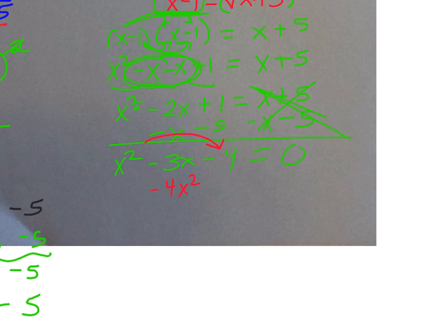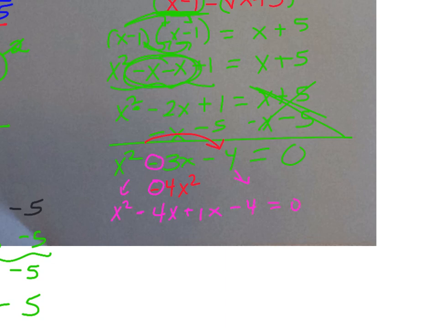That would be 4 and 1, so 4x and 1x. When we multiply 4 times 1, it has to give me negative 4, which means they have to be different signs. But when I add them together, it has to give me negative 3, so it has to be negative 4 and positive 1. Bring down the end, and make sure it still equals 0 because it's an equation.